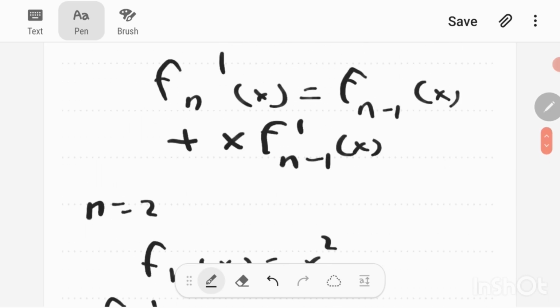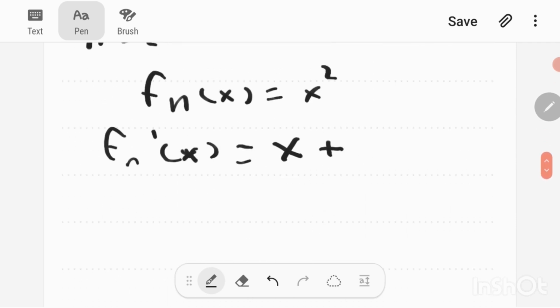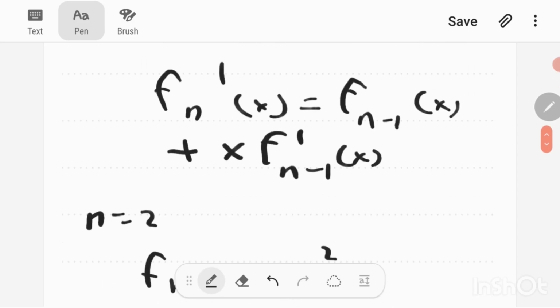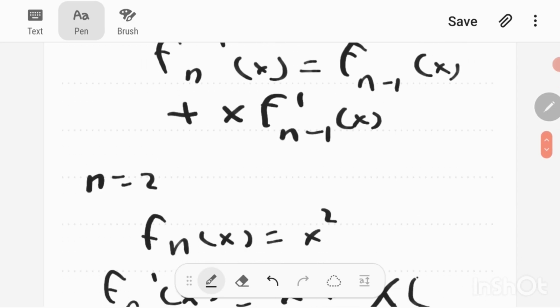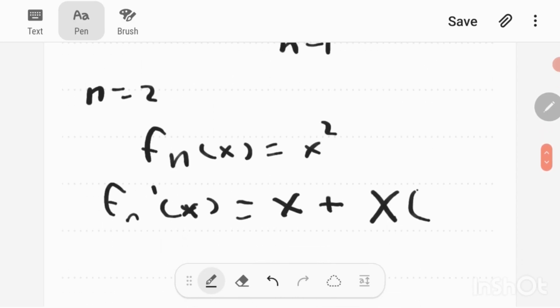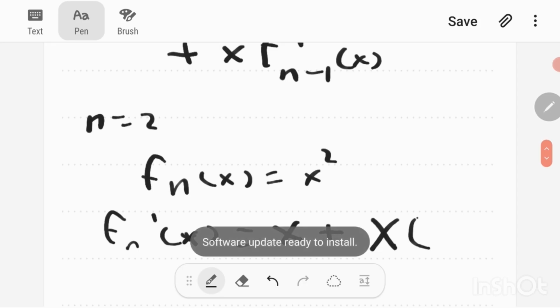The n minus 1 is 1, so the derivative of x is just 1, so we have x times 1, multiplied by the derivative of x, which is just 1 itself.